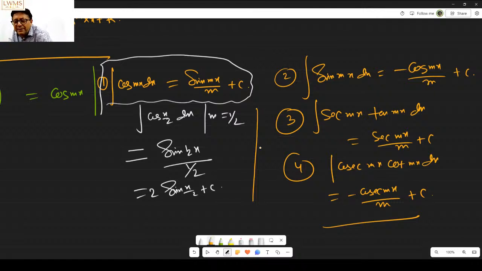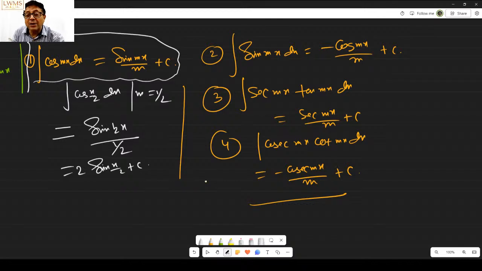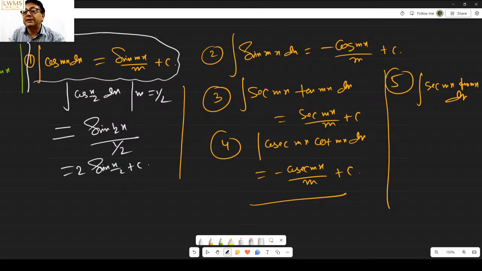Integration of cosec mx cot mx will be minus cosec mx by m. m will be divided. All the formulas will be modified accordingly, step by step, one by one. Sec mx tan mx dx is what? Sec mx by m plus c, because the derivative of sec mx by m is sec mx tan mx. Alright?